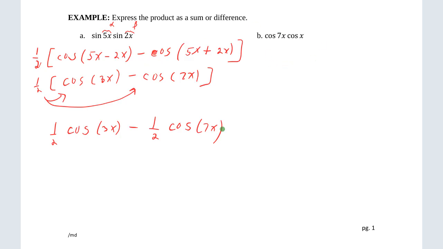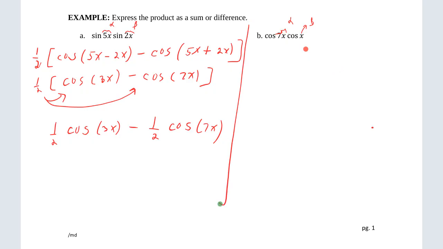If you are now getting the steps here, I would advise that you stop the video and work on letter B. Given here, cosine 7x times cosine x. Once again, 7x here is our angle alpha, and x here is our angle beta.